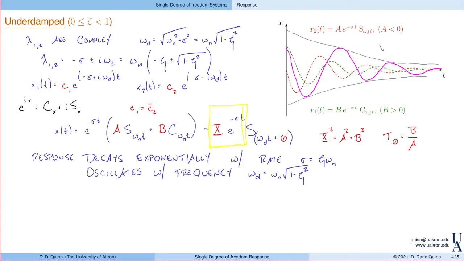So this envelope is the amplitude times e to the minus sigma t. Now, what about these arbitrary parameters? Well, they are used to fit initial conditions. Right? So either A and B, or the amplitude and theta, are used to fit initial conditions.